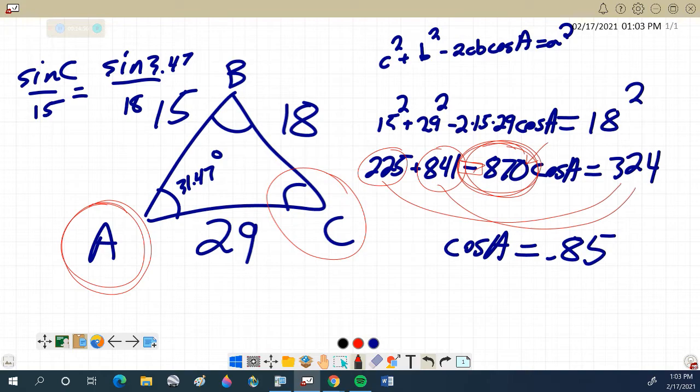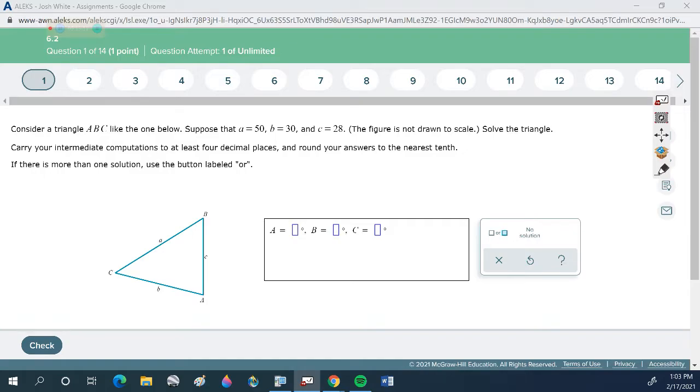And that will spit out an angle, which is like 45. Once I have that, how would I find the third one? Yeah, just do the triangle angle sum. Okay. All right, let's take a look.